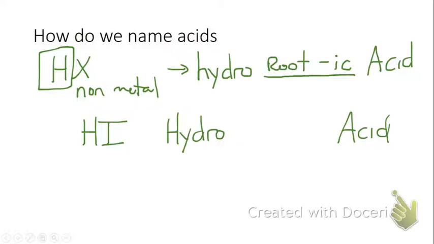And so there's always going to be acid at the end. So you'll at least get that. Now, I we said was iodine. There's the root of iodine. And so then we add ic. So this is hydroiodic acid.